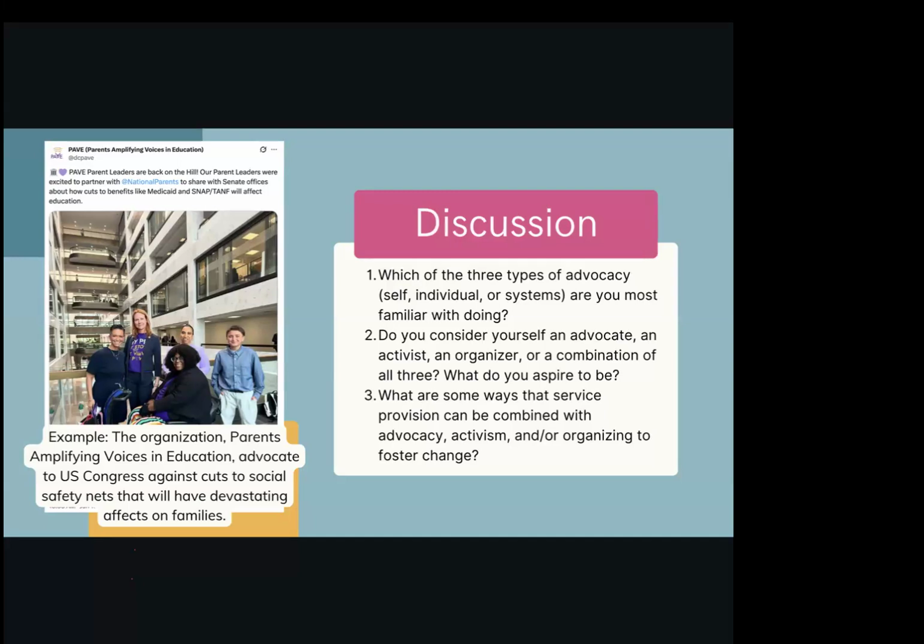What are some ways that service provision can be combined with advocacy, activism, and organizing to foster change? I think there was a part of our community that wanted to help them, like there's a person who wants to help these girls, like those who were being forced to get married to someone they don't want.